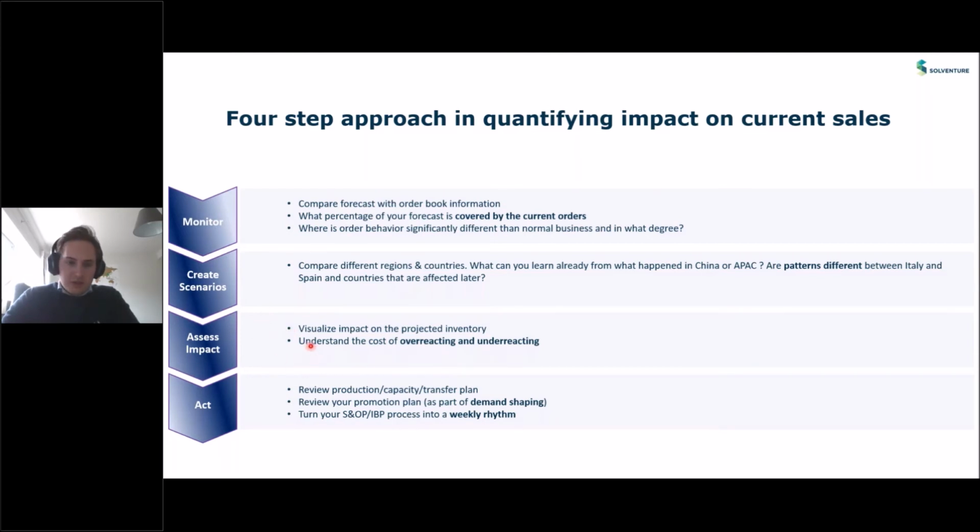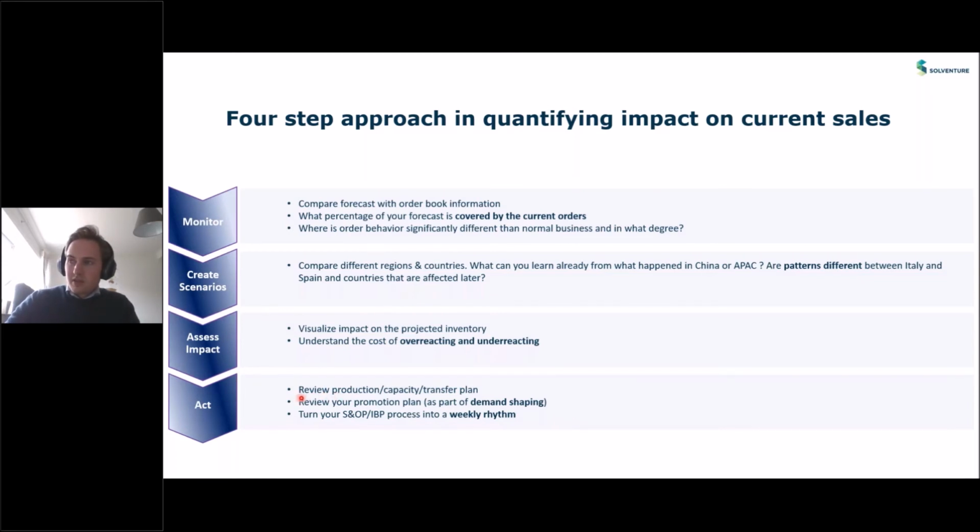And the third part is assessing the impact. So for example, visualizing the effects on the projected inventory and also understanding the cost of overreacting and underreacting, which we already explained. The last step was actually, okay, using those scenarios, we have to review production plan, capacity plan, transfer plan.